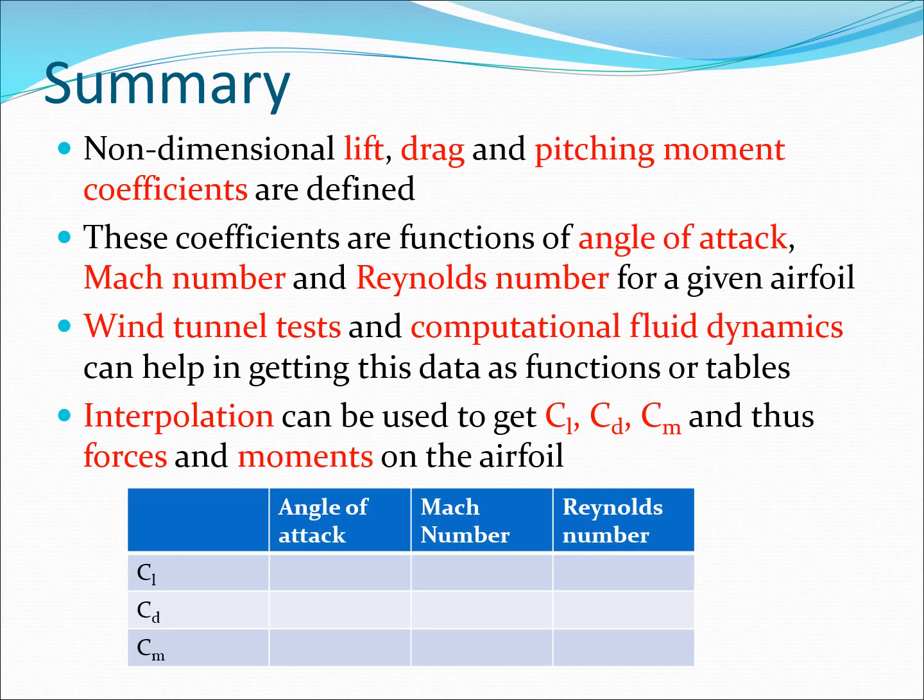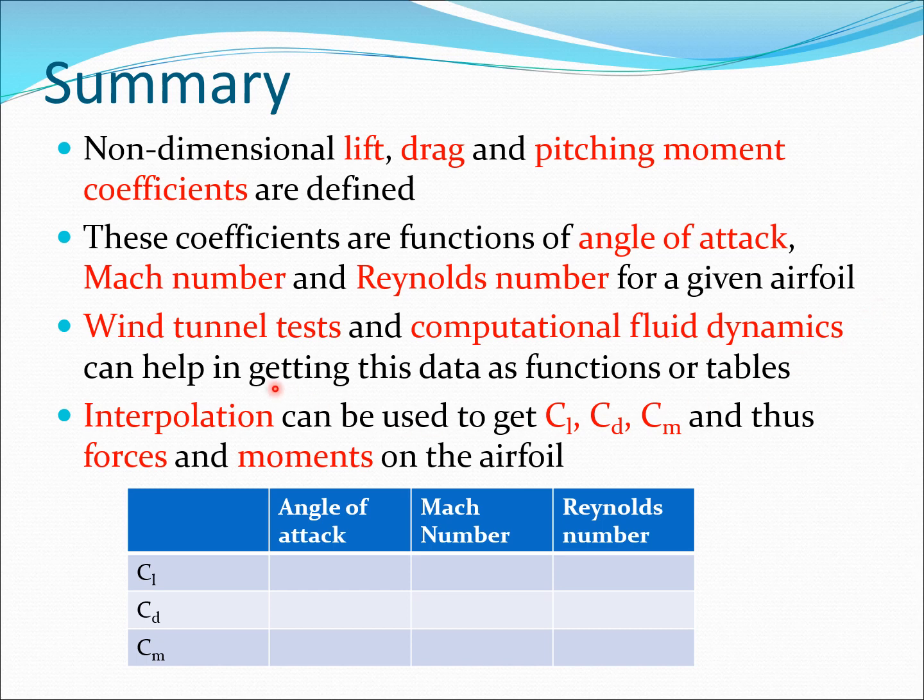So let's summarize today's class. We saw that there are non-dimensional measures of lift, drag and pitching moment, and these are the coefficients related to each of these forces and moments, and we defined these coefficients. We used some dimensional analysis techniques to get there. We also saw that these coefficients CL, CD and CM are functions of alpha, Mach number and Reynolds number for a given airfoil.